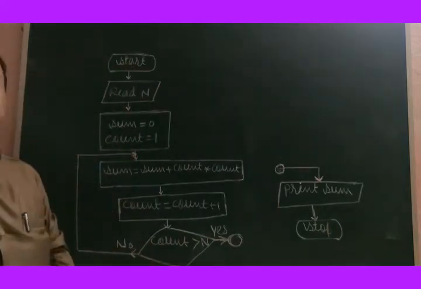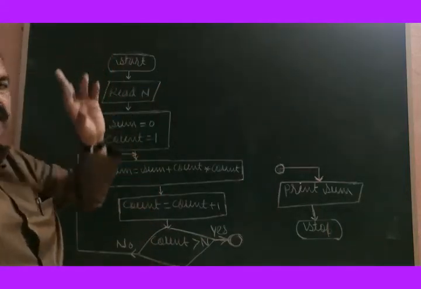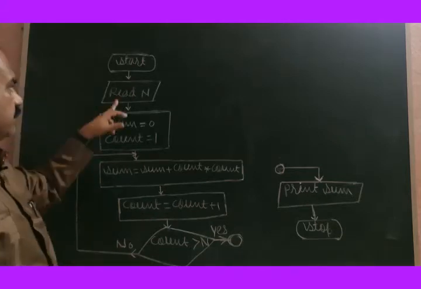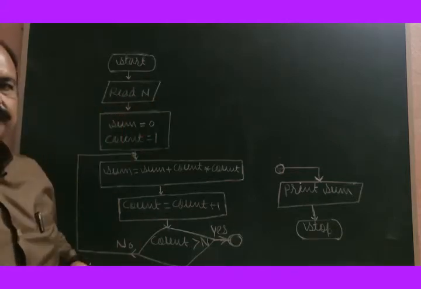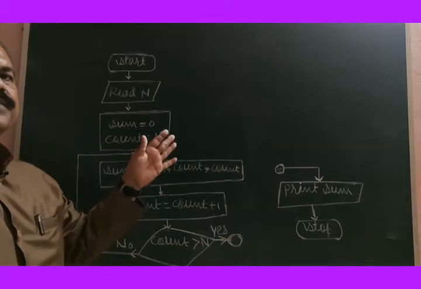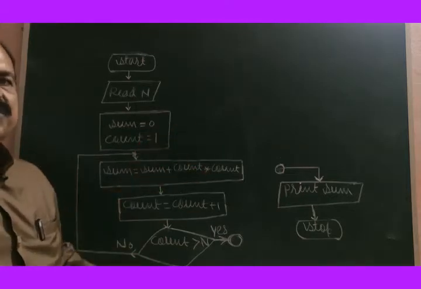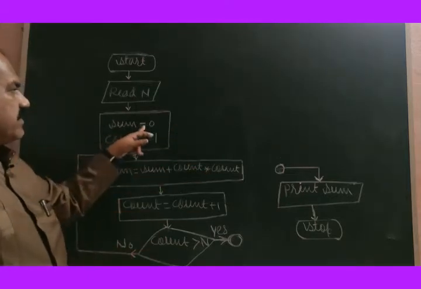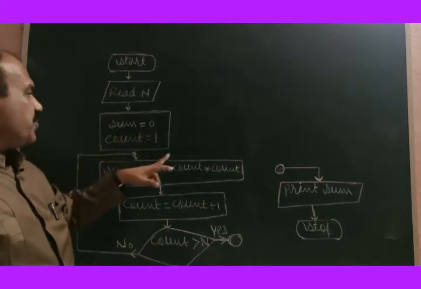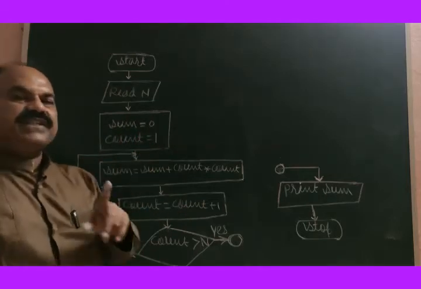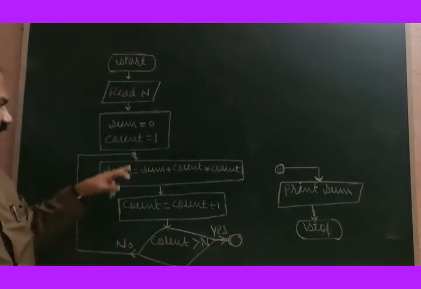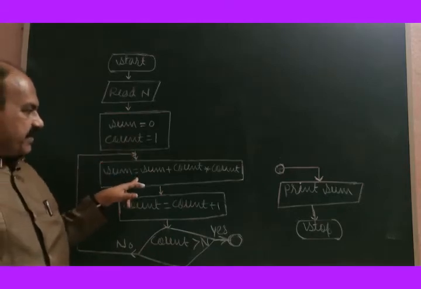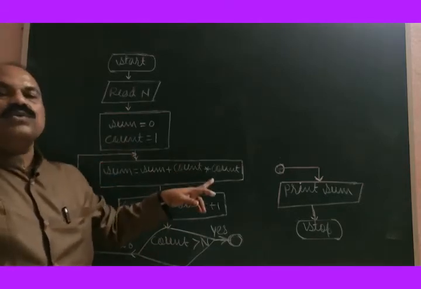So see here, start, read n, the last number of the series. Sum initiated as 0, count initiated as 1, then sum is equal to sum plus count into count.